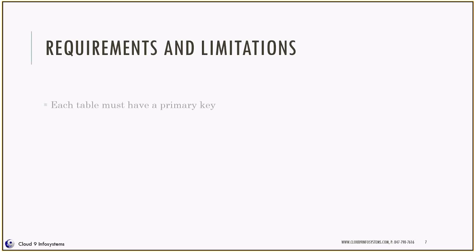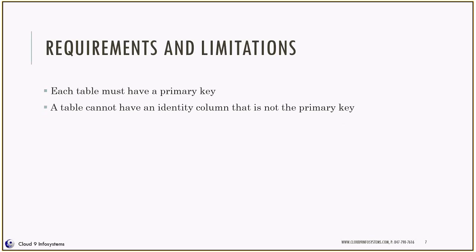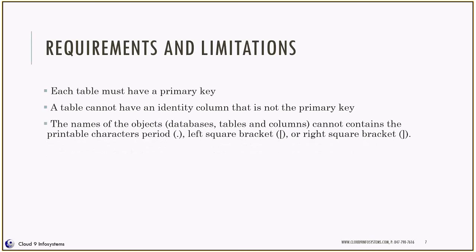Now, moving to the requirements and limitations. There are many requirements as well as some limitations. Each table must have a primary key, and a table cannot have an identity column that is not a primary key.